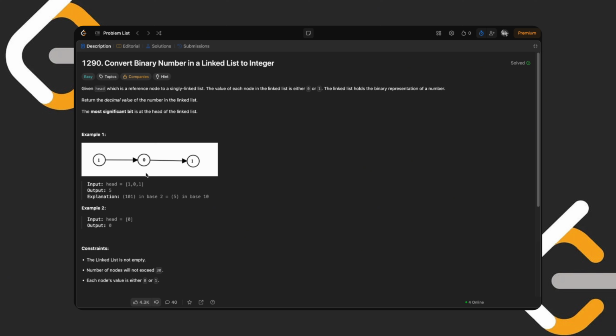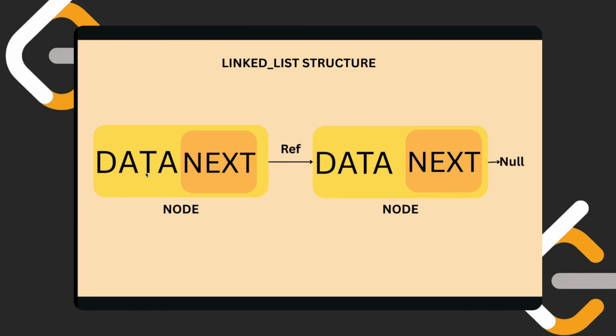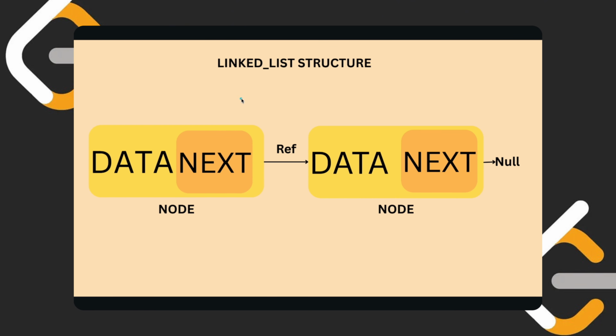But before that, let me explain what a linked list is first. A linked list is also a kind of data structure. It is a collection of nodes linked together. So what is a node then? A node is a cell that has data and the address of the next node to be linked. Here you have a node, where one partition is called data and the remaining is next, which indicates the address of the next node.